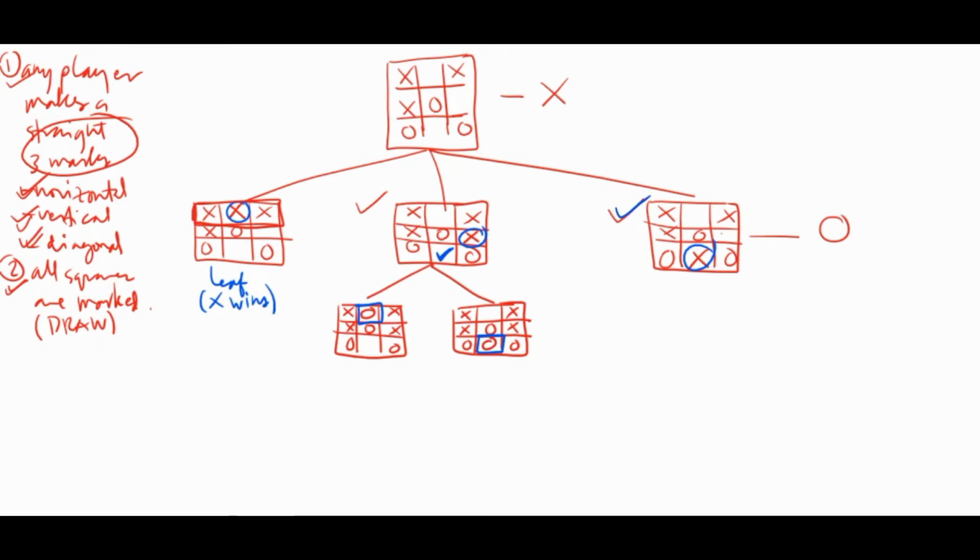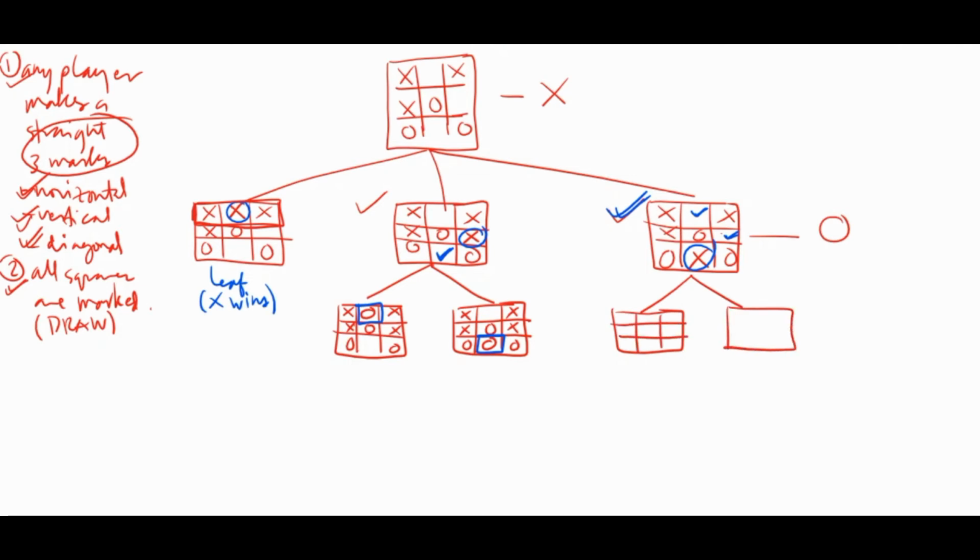For this third game state, again, there are 2 vacant squares and no player, either X or O, has made a straight 3 marks yet. So this is not yet a leaf node, or the game is not over yet for this game state. And so, since there are 2 vacant squares, there will also be 2 transitions or legal moves. So let's say this is the first one and this is the second one.